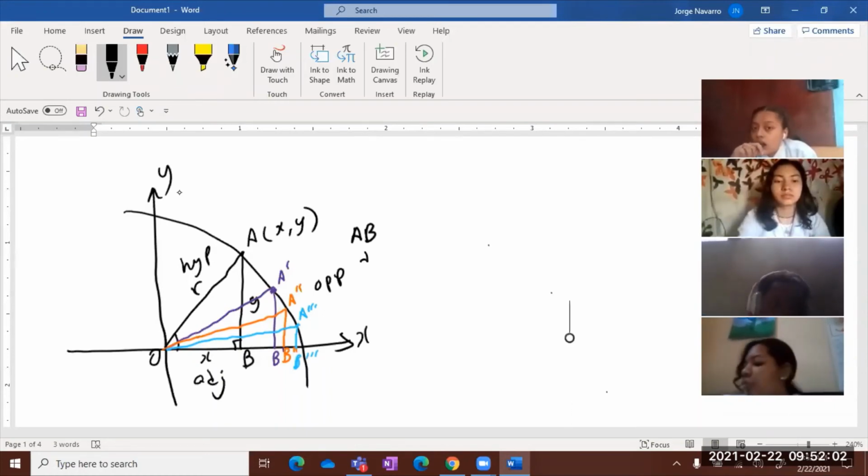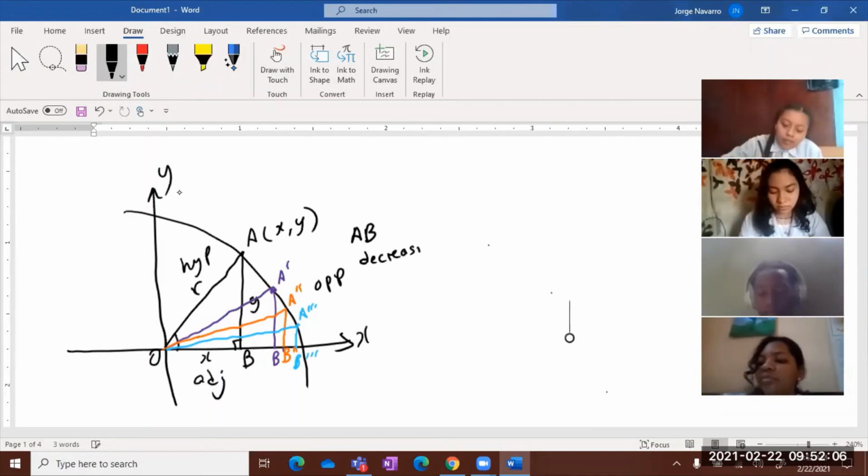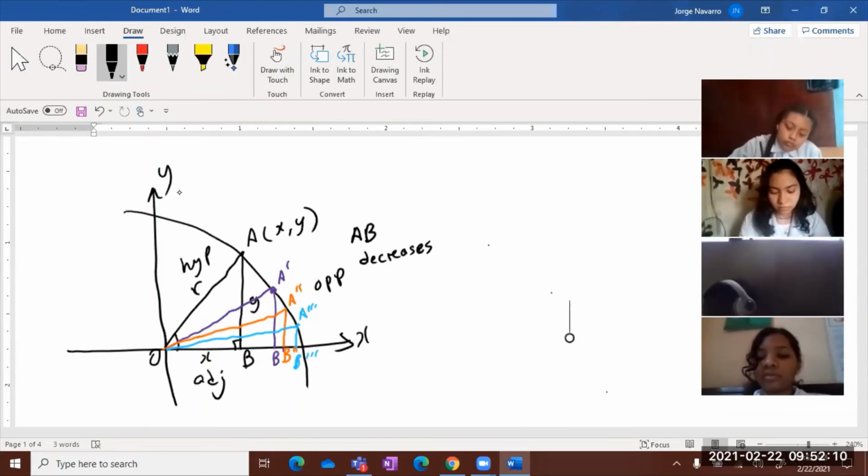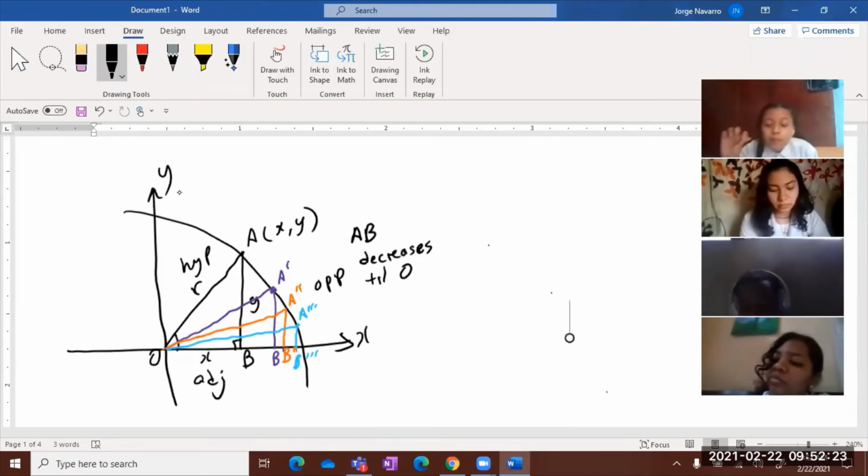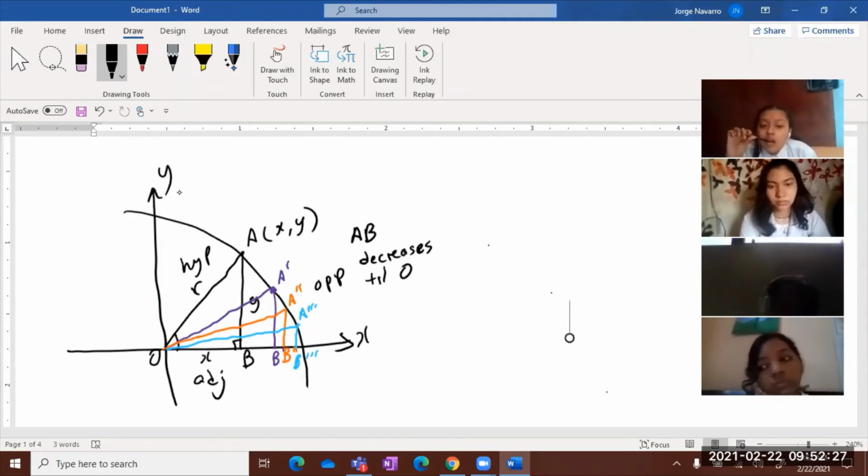Smaller, so it's decreasing. So it is decreasing and it will keep decreasing until it reaches a particular value, and that value will be 0, because that line has to reach right here horizontally for the angle to be 0.